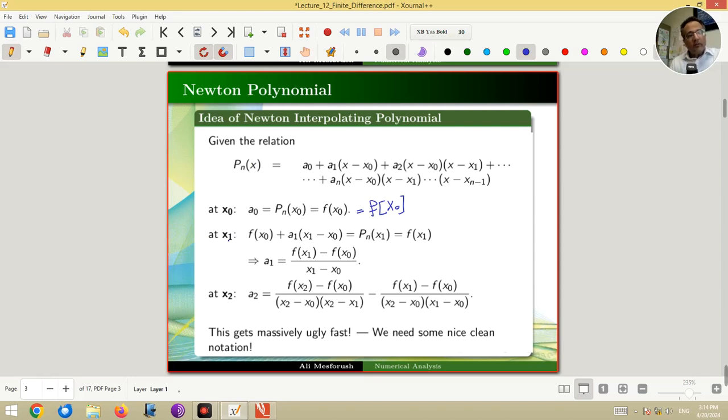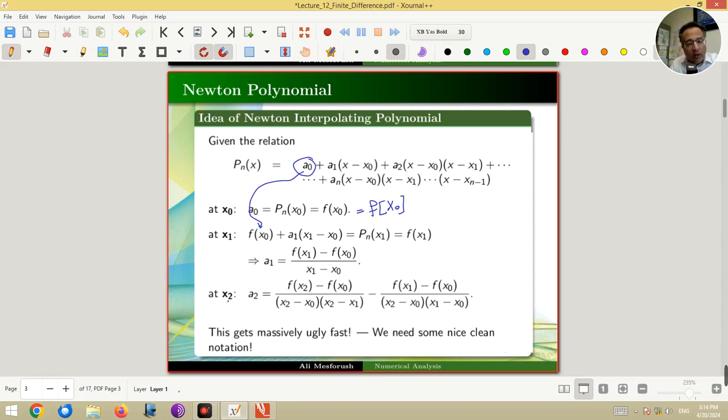Now let x be equal to x1. So Pn of x1 will be a0, which we put here, plus a1 times x1 minus x0, and we want Pn of x1 to be equal to f of x1. From this equation, a1 is f of x1 minus f of x0 over x1 minus x0.